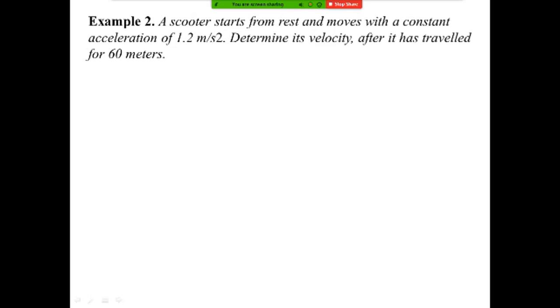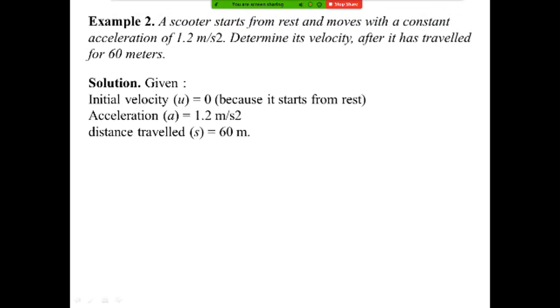If acceleration is in meters per second squared, velocity is in meter per second, that is the difference. Then determine its velocity after it has traveled 60 meters. Distance is given as 60 meters, acceleration is given, and initial velocity is zero, rest.